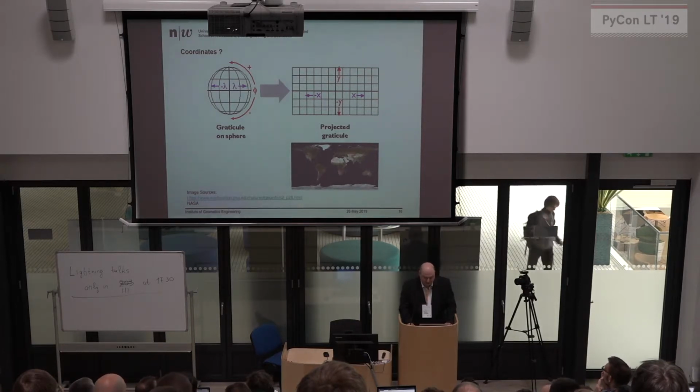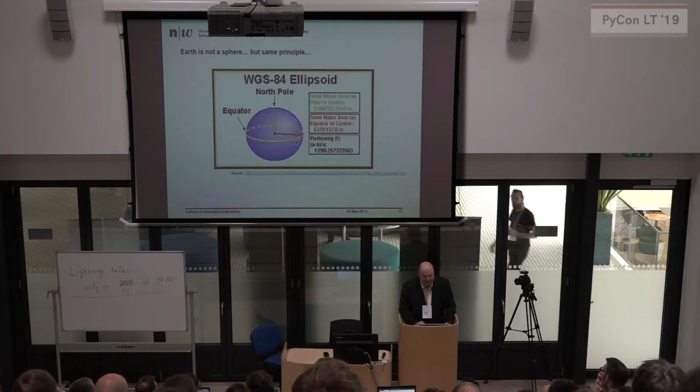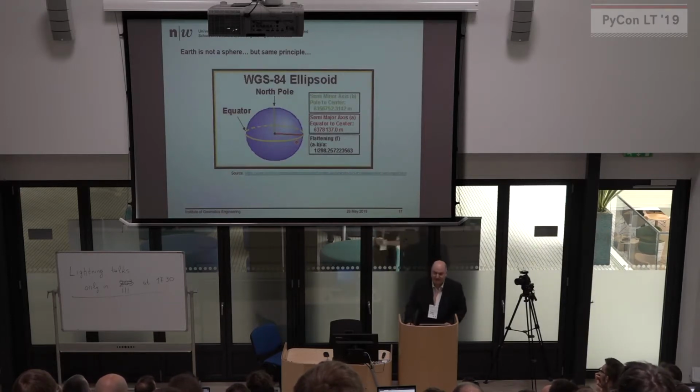And we see this so-called graticule on a sphere or projected, and if you look at a projected Earth, it would look like this. We try to reduce the problem from a 3D problem to a 2D problem, which also makes it easier. But on the other hand, we don't have a sphere.